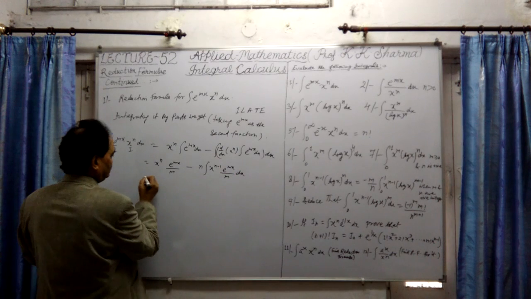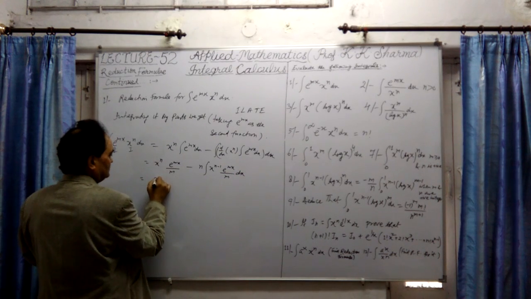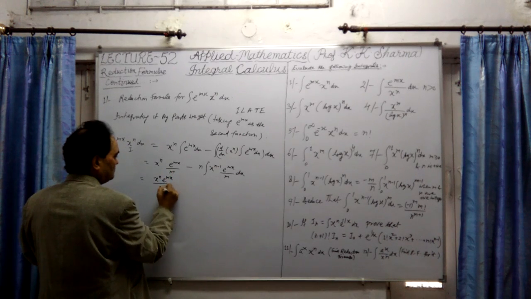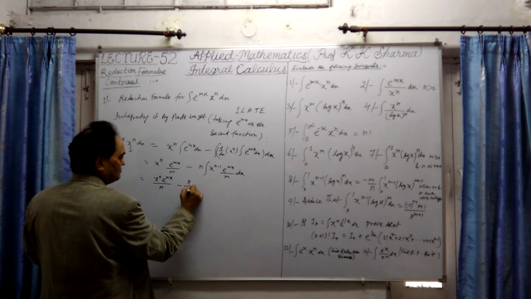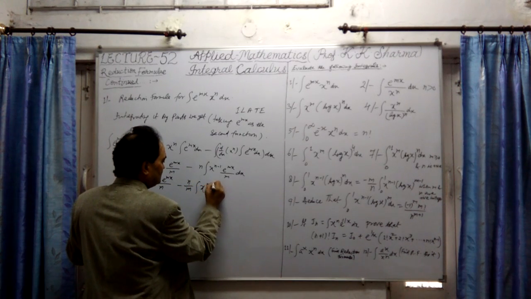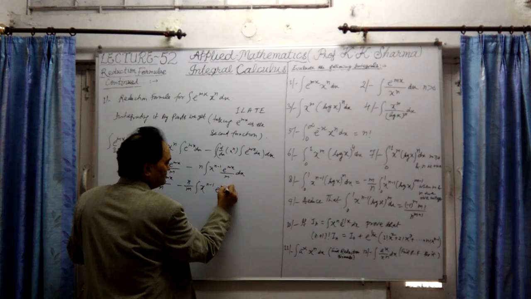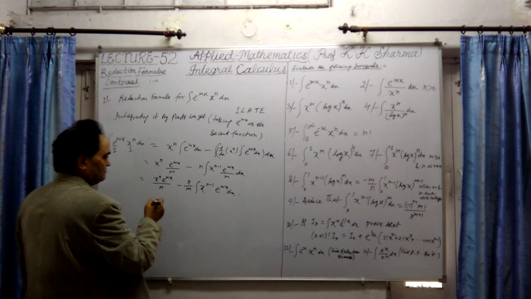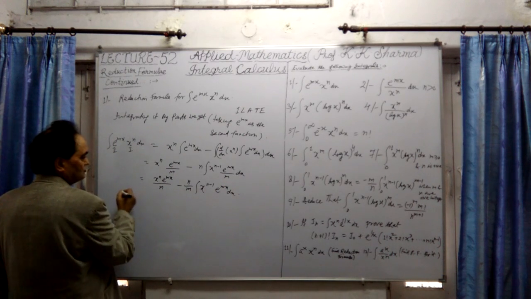Let me take this as x^n e^(mx)/m minus n/m times the integral of x^(n-1) e^(mx) dx. Now this is the required reduction formula.